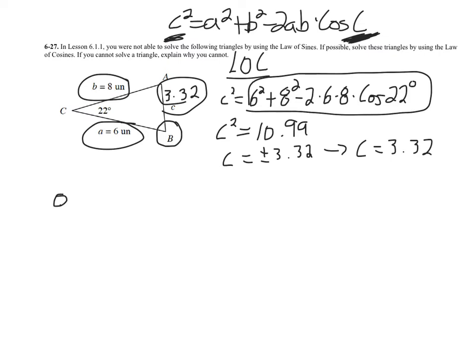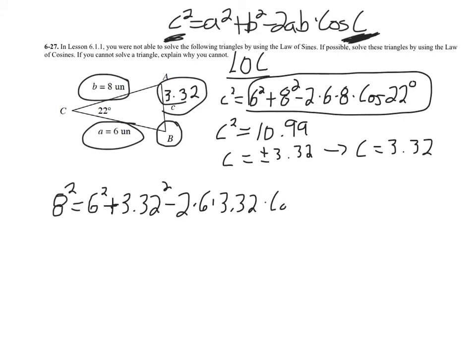So I'm going to write this as 8 squared equals 6 squared plus 3.32 squared minus 2 times 6 times 3.32 times the cosine of angle B. When you start to simplify this, please simplify it in chunks.